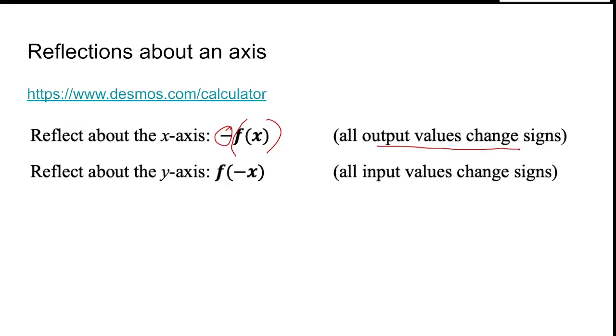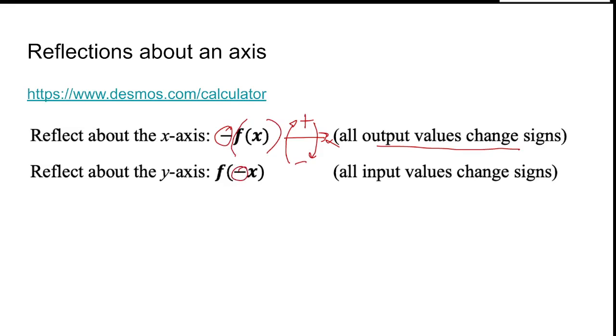So as y values change, here's our x-axis. Whatever was a positive y will now become a negative y, and whatever was a negative y will become a positive y. Let's just talk about this one while we're at it, and we'll start to see what happens when we work inside the function.